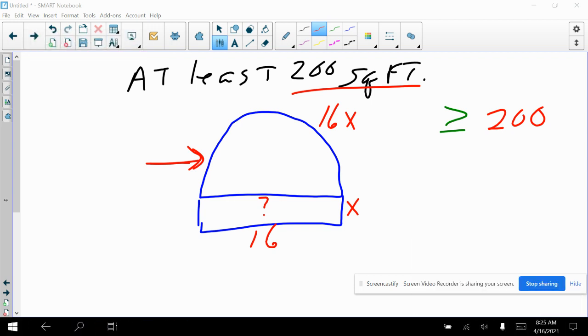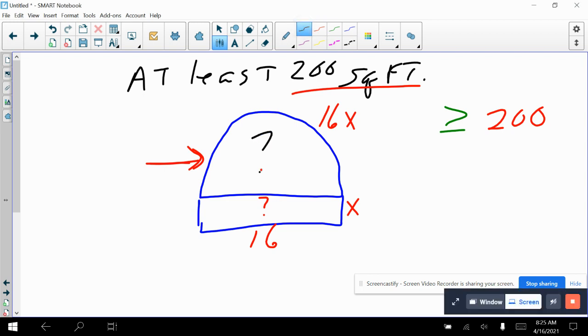All right, so now we have to find the area of the semicircle. Uh-oh. Who remembers that? Zach, you remember what it is? Pi times radius squared divided by 2 because you have a semicircle. Correct.